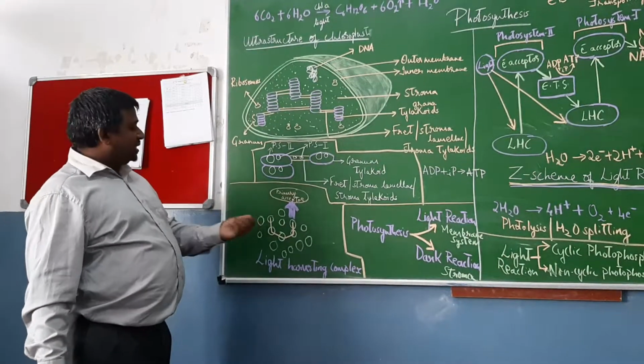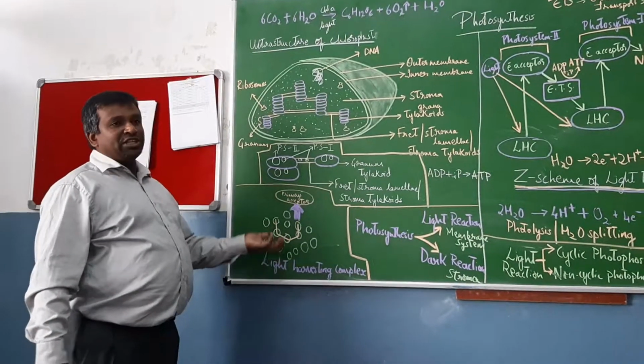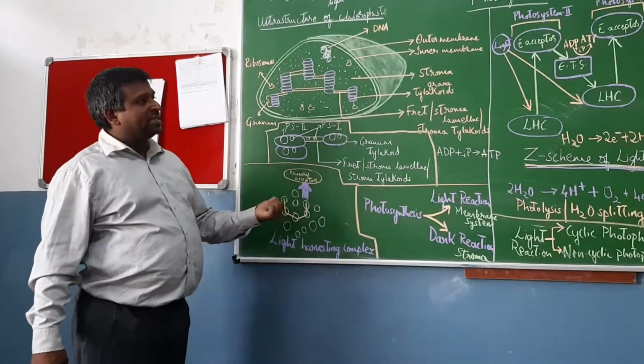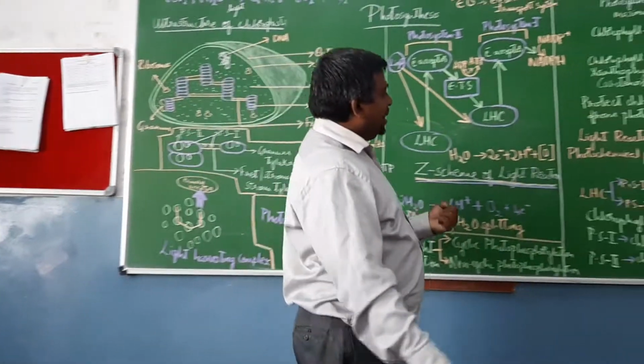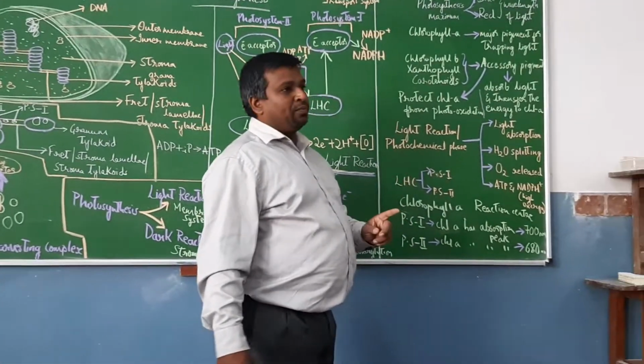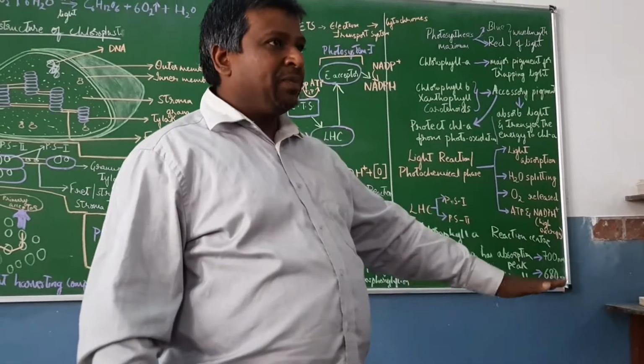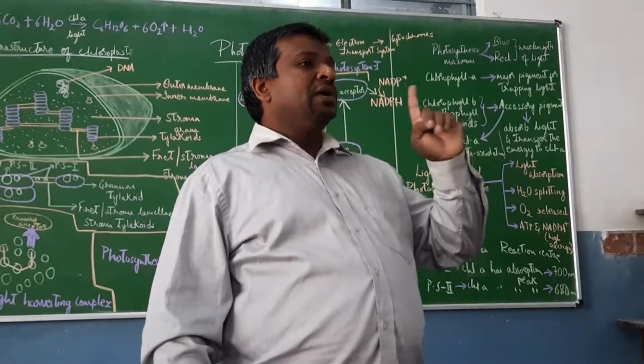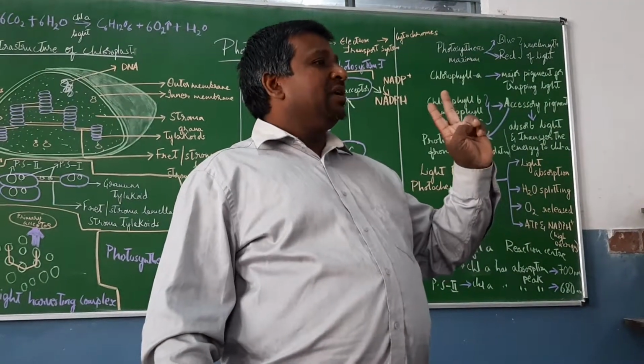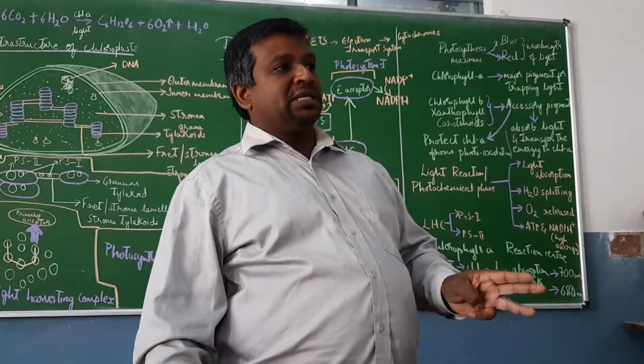See, during photosynthesis, all this light harvesting complex consists of photosystem 1 and photosystem 2. Photosystem 1, apart from chlorophyll A, has chlorophyll B, xanthophyll, carotenoids.